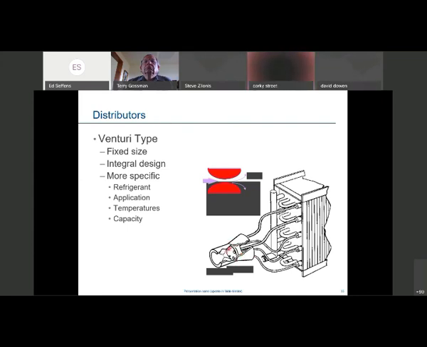That's one of the downfalls with this type of distributor. If this was incorrectly sized, you would have to change out the entire distributor. And we'll take a look at the nozzle in a few minutes.